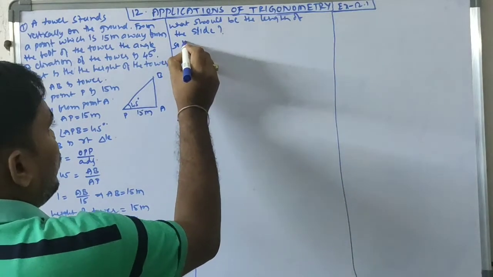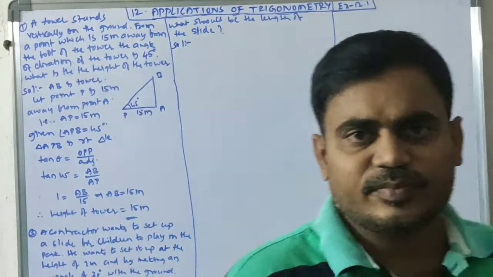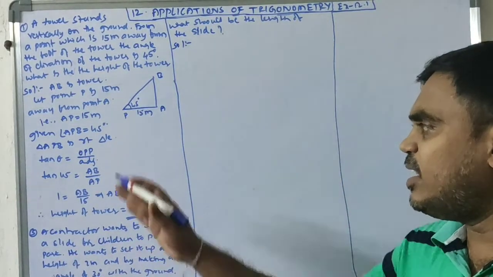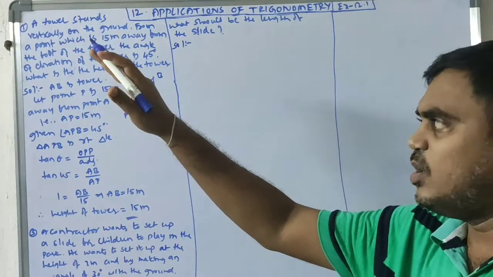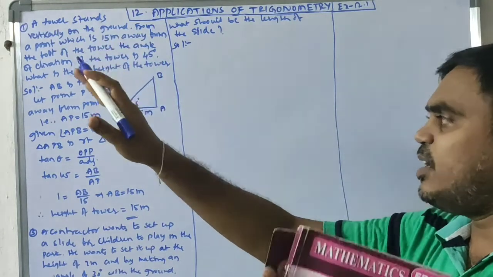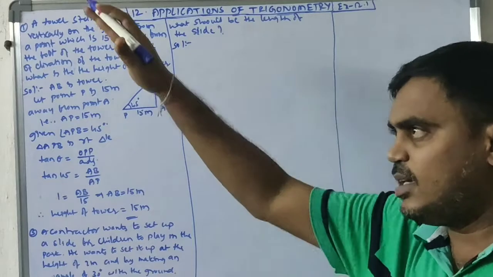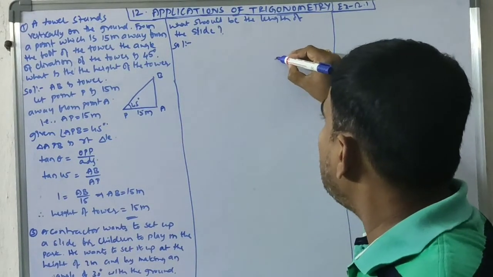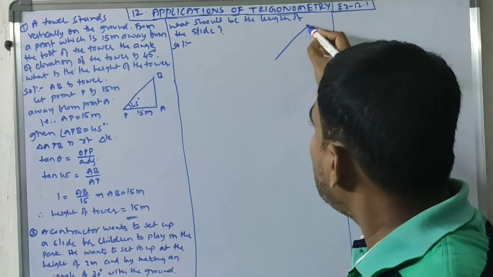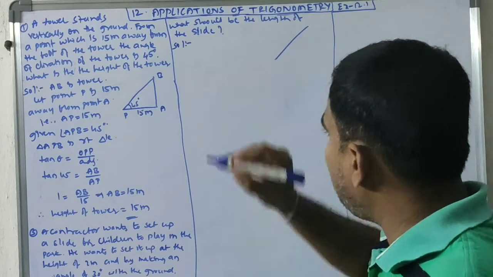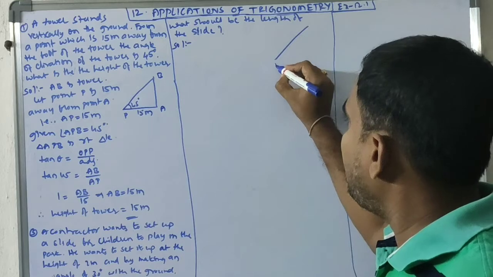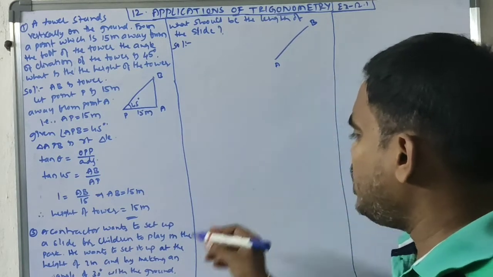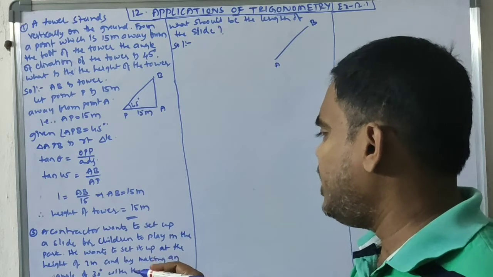Okay. Solution. First, the slide should be like this. Children slide like this. This is the length of the slide. Let this be A and this be B. The height is 2 meters.